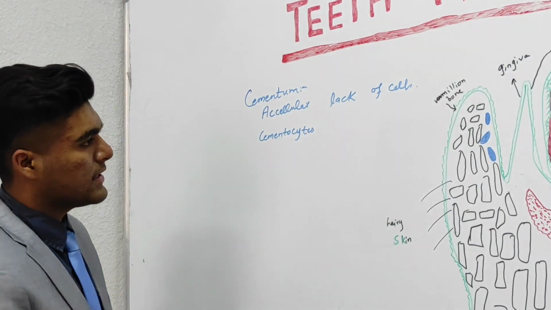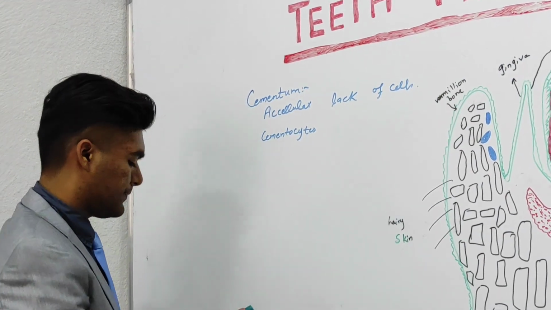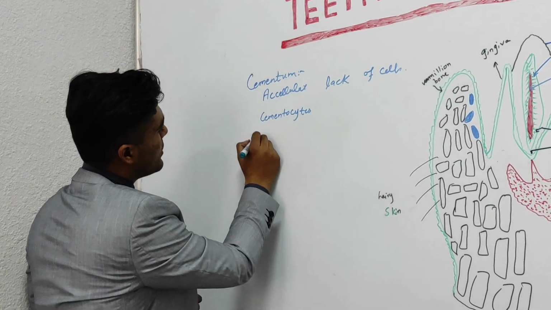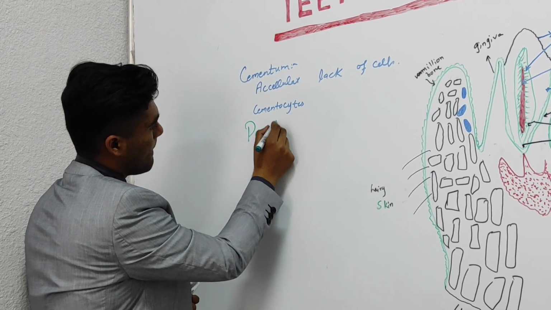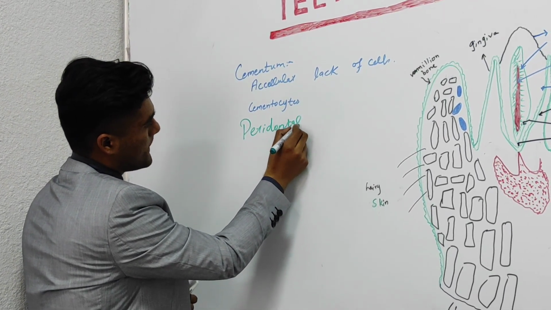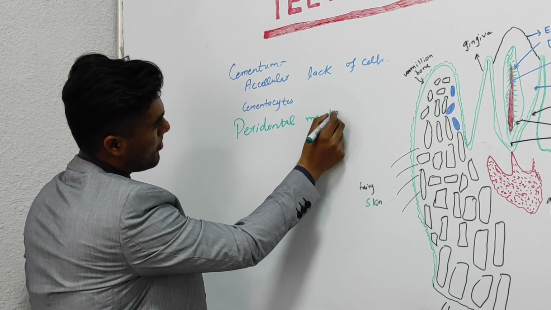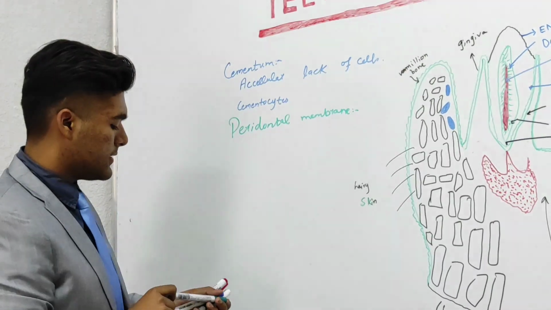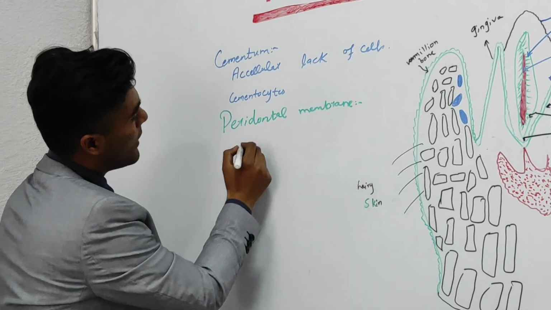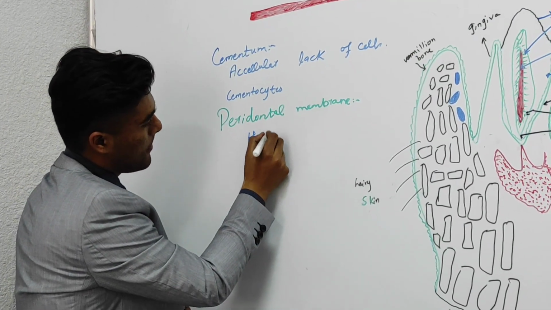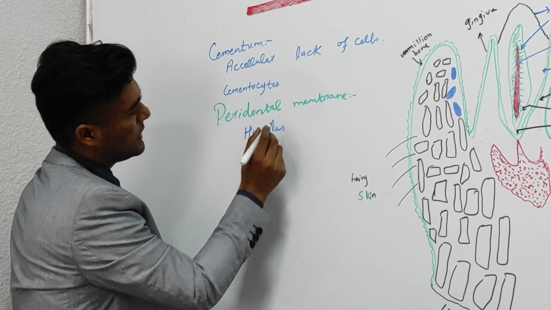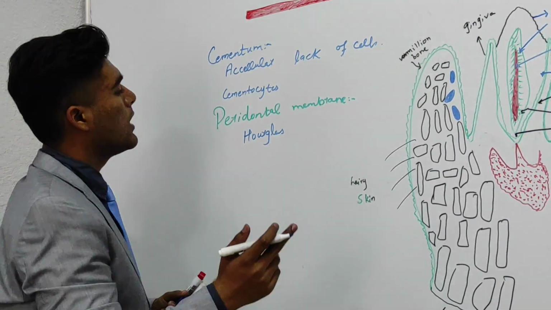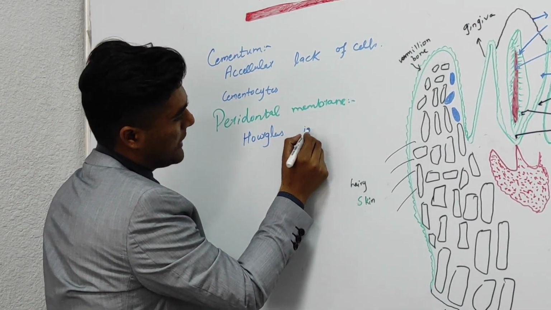Now, further discussing periodontal ligaments or periodontal membranes. They are basically hourglass in shape, just like a female model.